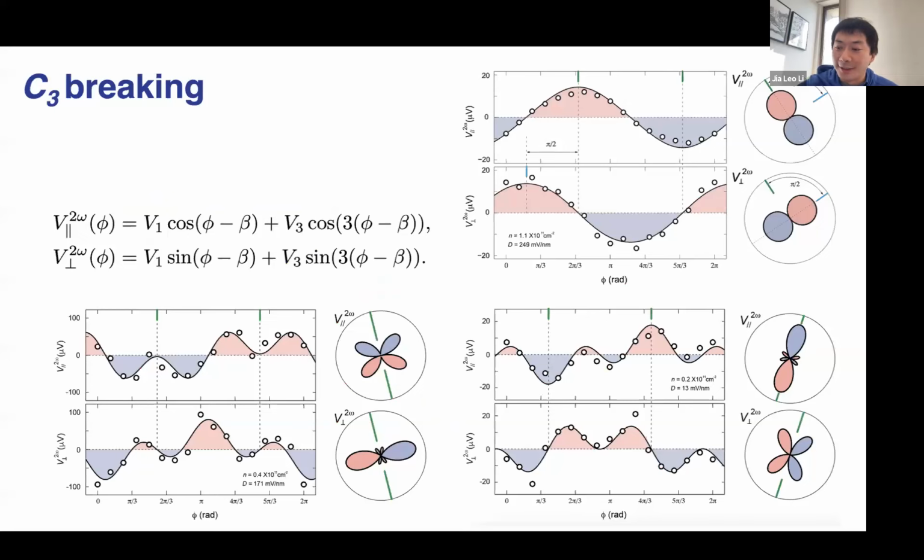Okay, so if valley polarization accounts for the two-fold rotational or inversion symmetry breaking, as well as the time reversal symmetry breaking, there's something else that's not accounted for, which is the three-fold rotational symmetry breaking. When we have one mirror plane, we have to break three-fold rotational symmetry, and valley polarization doesn't do that.